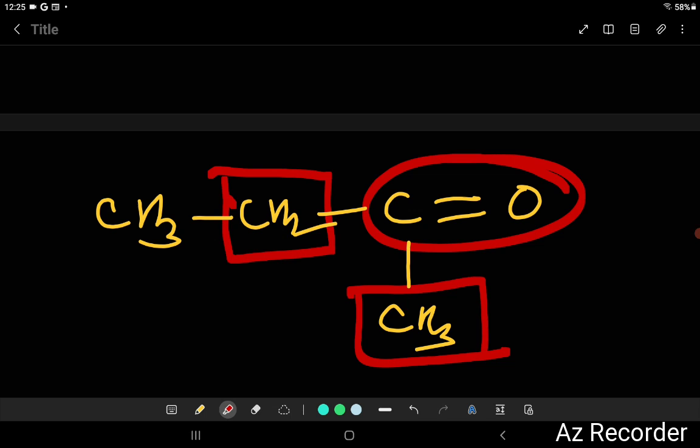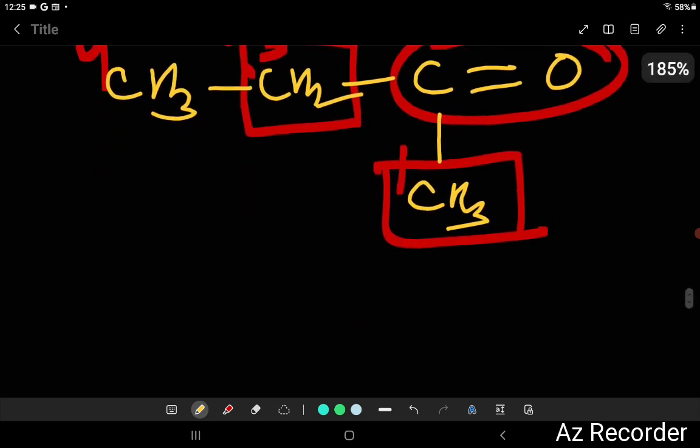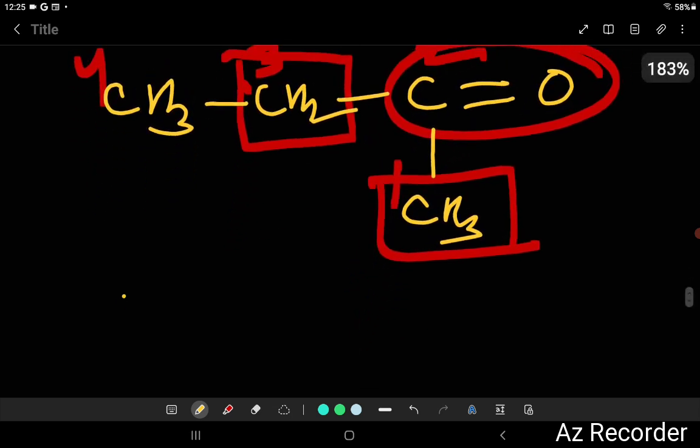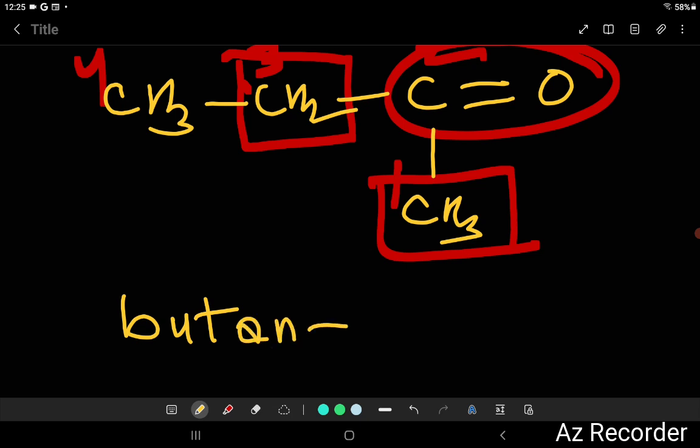And how will we write the numbers? We will start from the terminal, that means from the corner. This is 1, this is 2, 3, and 4. So there are 4 carbons. 4 carbons means but, "an", and the ketone group at carbon number 2.